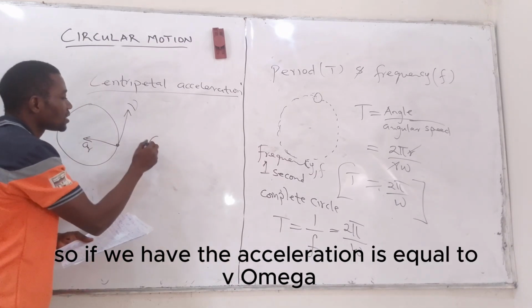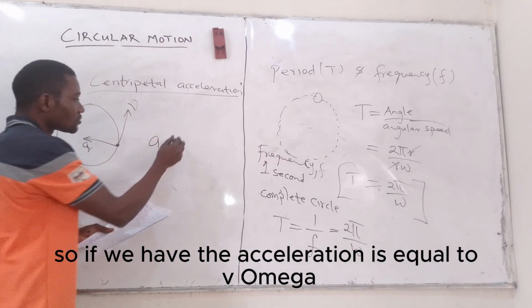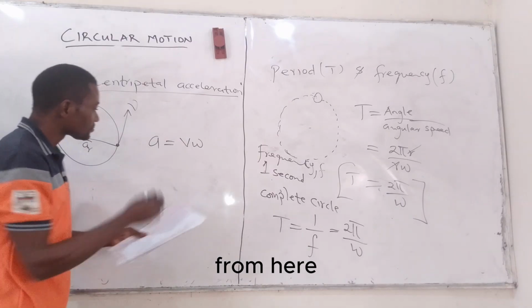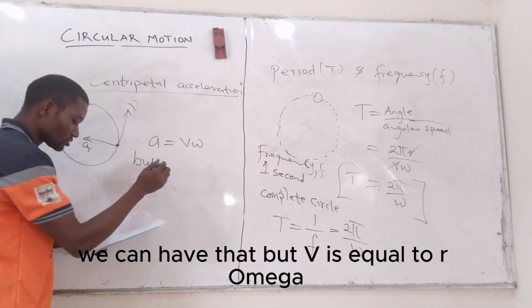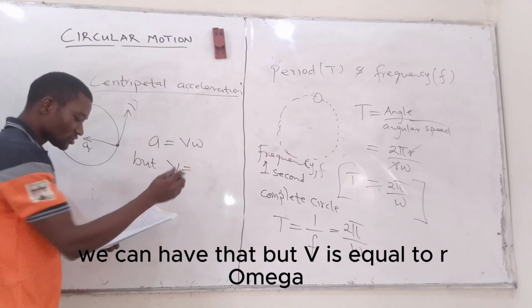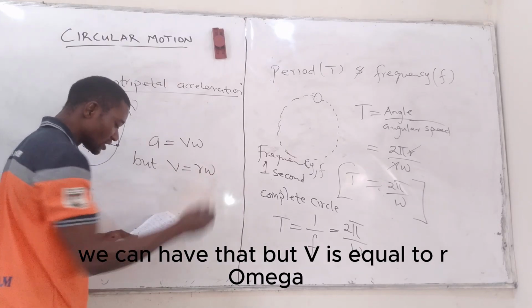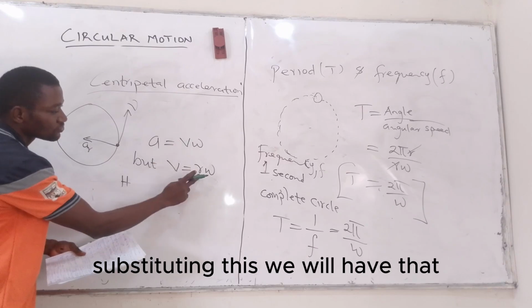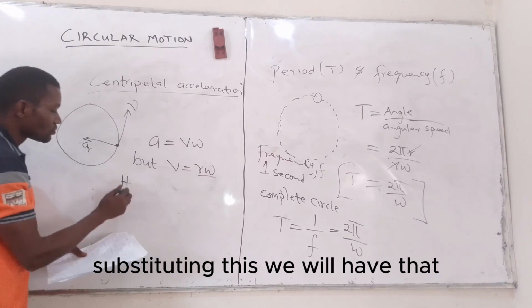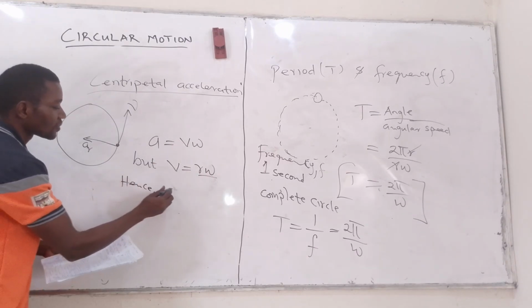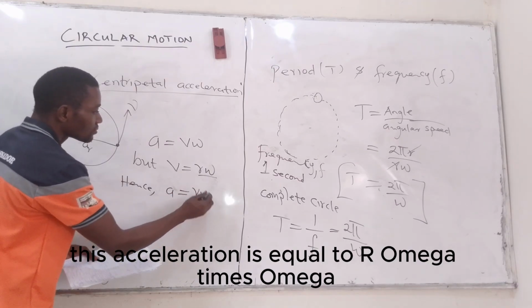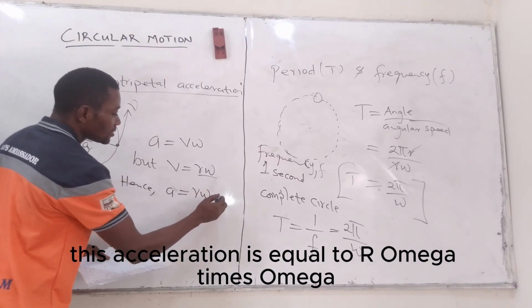So if we have the acceleration equal to v omega, but v is equal to r omega, then substituting in place of v, this acceleration is equal to r omega times omega.